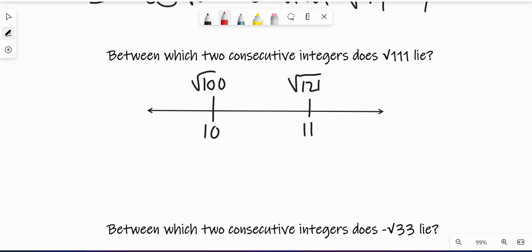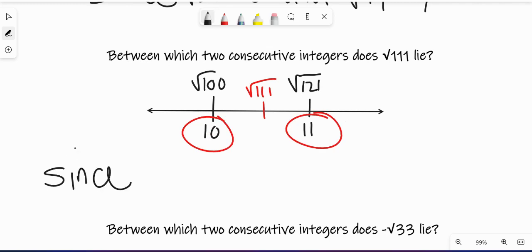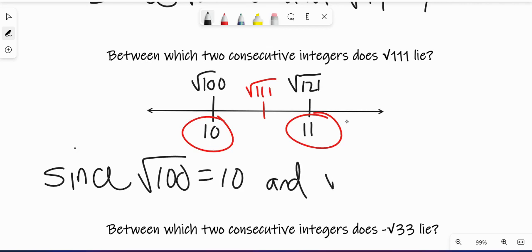So it's going to be like halfway, a little bit here. That's where the square root of 111 is. So it's in between the integers 10 and 11. Okay, and our reasoning, since the square root of 100 equals 10 and the square root of 121 equals 11. So it's probably going to be around 10.5.